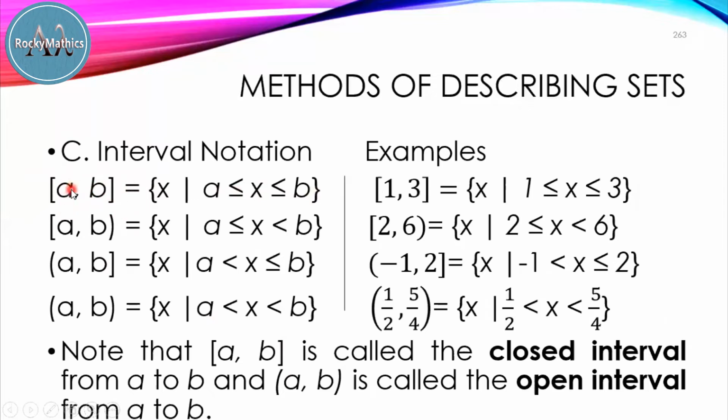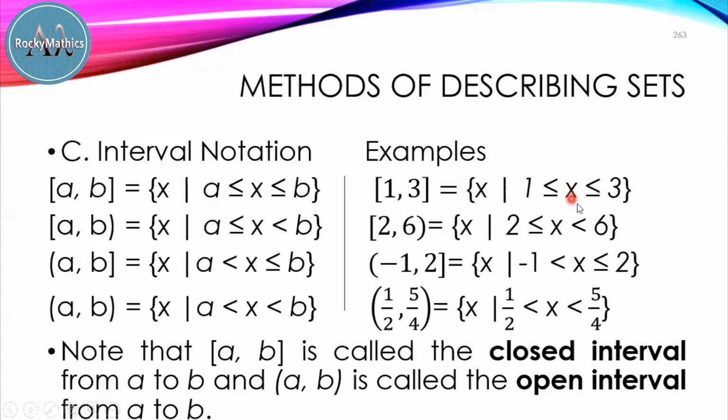This means an interval from A to B, meaning there are still values in between A and B. Now, if we convert this one to set builder notation, this is how we write it: x less than or equal to b but greater than or equal to a. For example, the set from 1 to 3, which means 1 is included and 3 is also included because of the brackets.